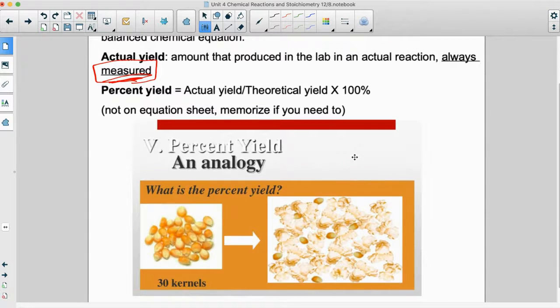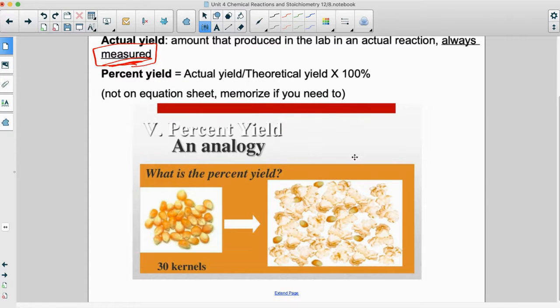I like to look at this popcorn analogy. So popping popcorn, if you start out with 30 kernels, your theoretical yield would be 30 popped kernels. However, if you look at this picture here, imagine this is your lab.